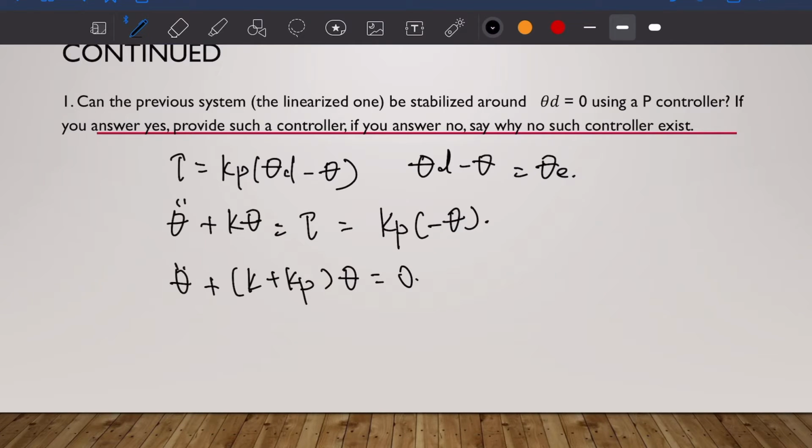The answer for this problem is no, because the coefficient of the theta dot term is 0. So yeah, for this question, the answer is no.